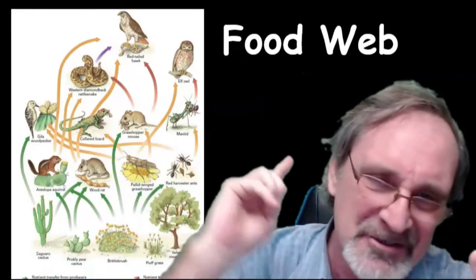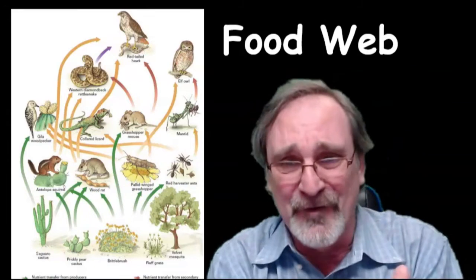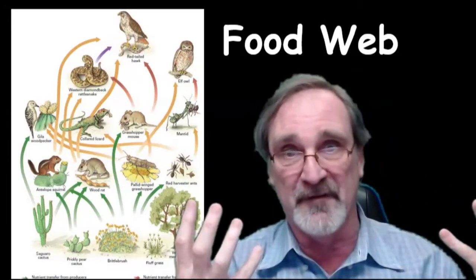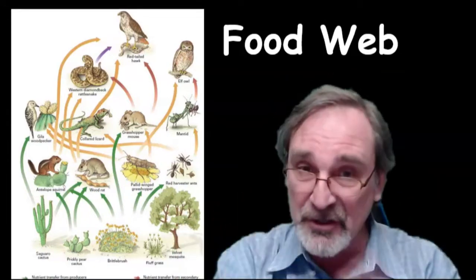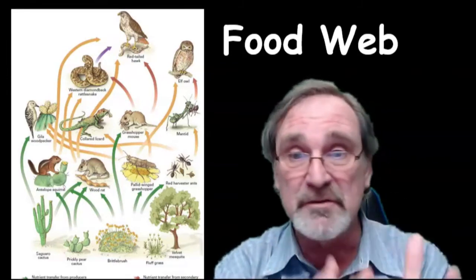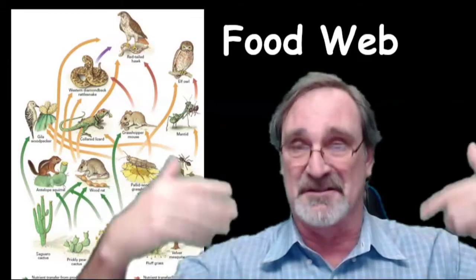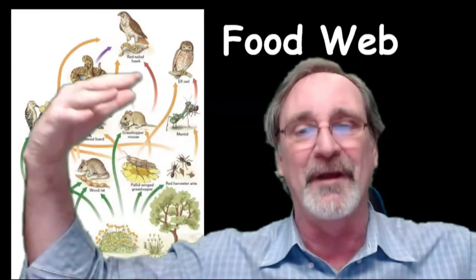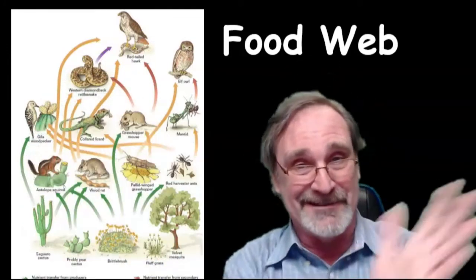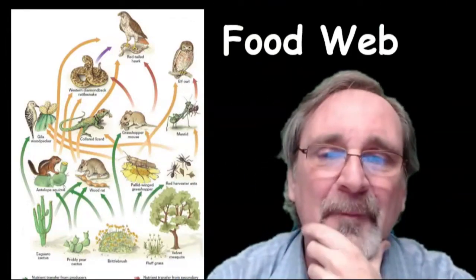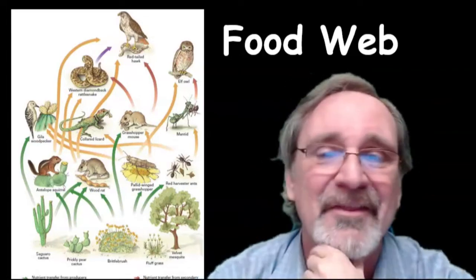You're using the energy to just digest the food, to generate warmth if you're a warm-blooded animal. You're using the energy to make new cells, to repair damaged tissue, or just to sustain life, or to grow if you're a growing organism, like a seedling growing into a mighty oak, or a kid growing into an adult.